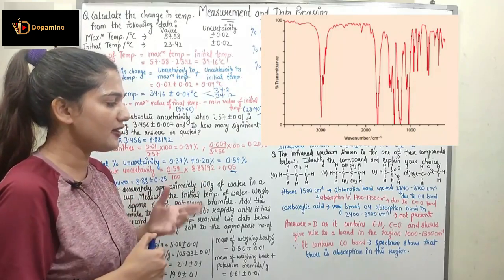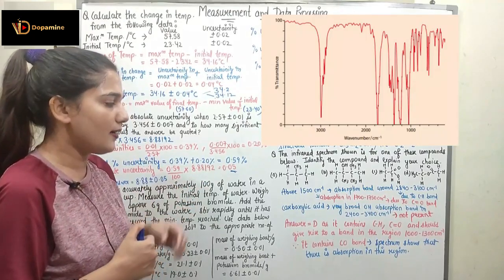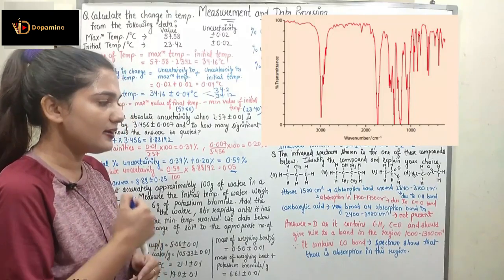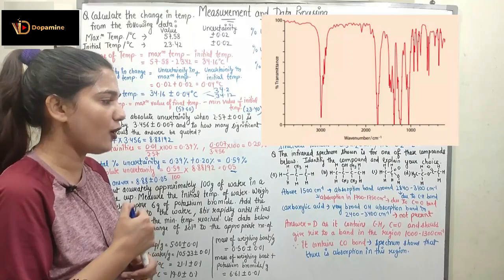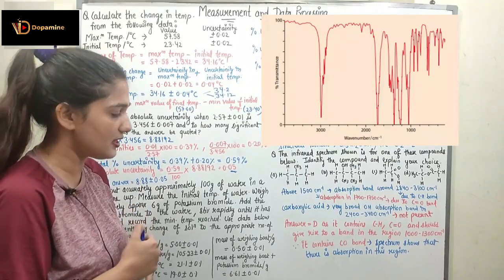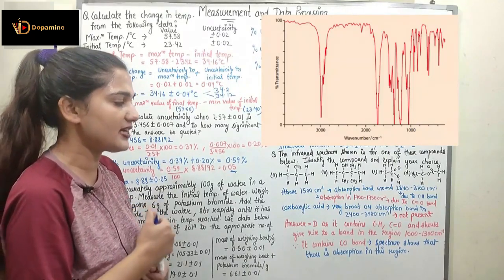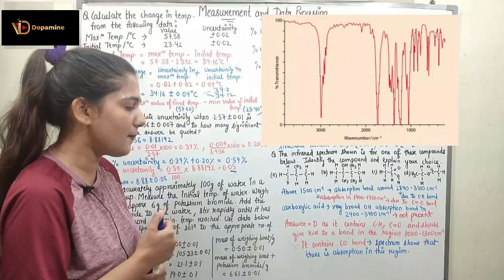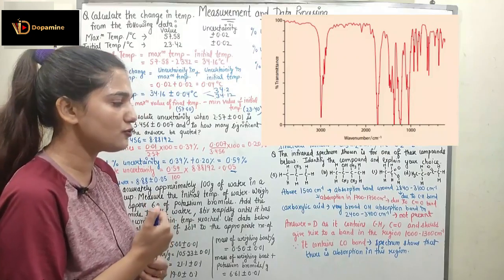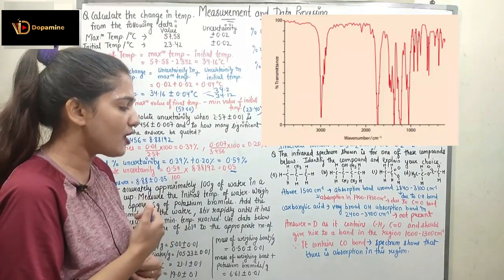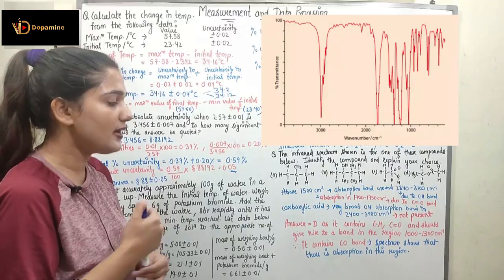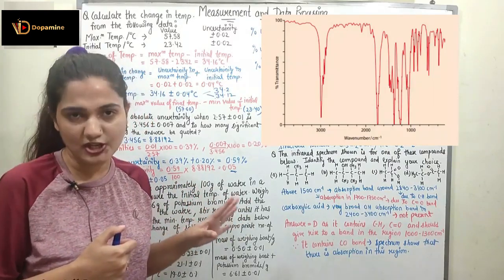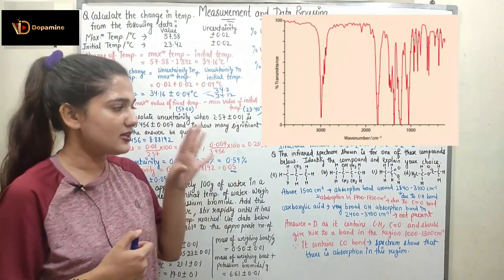So in the given infrared spectrum, there is no band in 2400 to 3400 cm⁻¹, so I can say it is not option C. So the left out is option D. Answer is D, as it contains C-H as well as C=O, and it will give rise to a band in the region 1000 to 1300 cm⁻¹ because it contains a C-O bond. The spectrum shows that there is an absorption band in this region as well. So there is a confirmation that the answer is D.